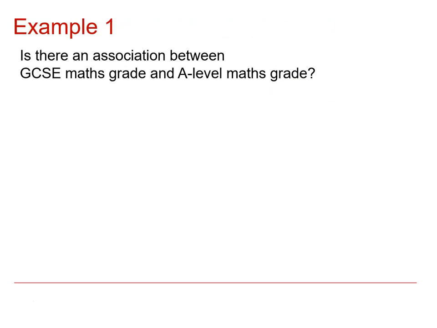So example 1, is there an association between GCSE maths grade and A-level maths grade? Well, we know that the new GCSE is quantitative. It consists of the numbers 1 up to 9. But the A-level maths grade is qualitative.